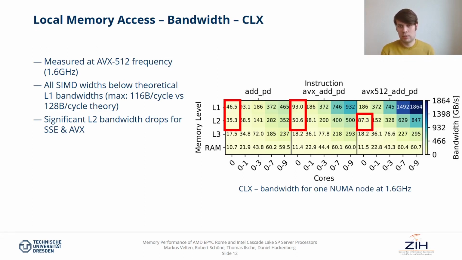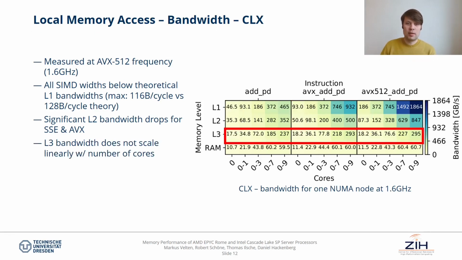We would have expected to see identical L1 and L2 cache bandwidth, simply because 46.5 gigabytes a second L1 bandwidth for SSE is lower than the 87.3 L2 bandwidth for AVX 512. We would have expected on the SSE side of things to see the exact same bandwidth as for the AVX 512 instructions, but this was not the case.